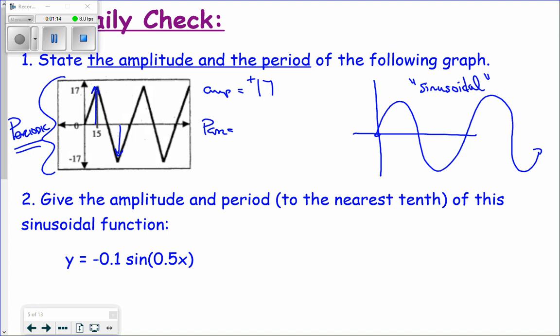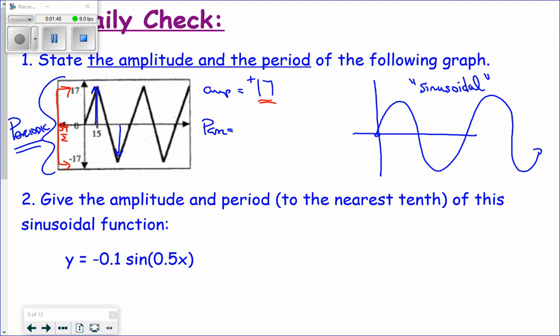Now, if you don't like looking at it like that, the other option is to ask what is the total length that this function covers? Well, it covers a distance of 34 units. You just go 34 divided by 2, and you get 17. That's the other way you can do it: total distance divided by 2.